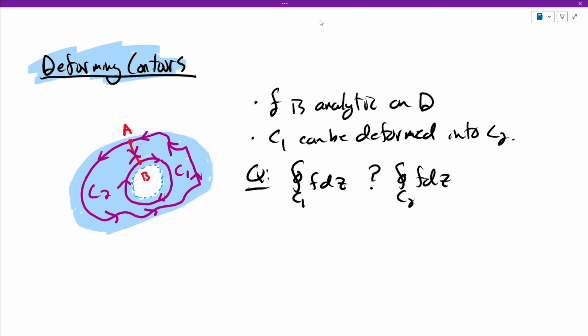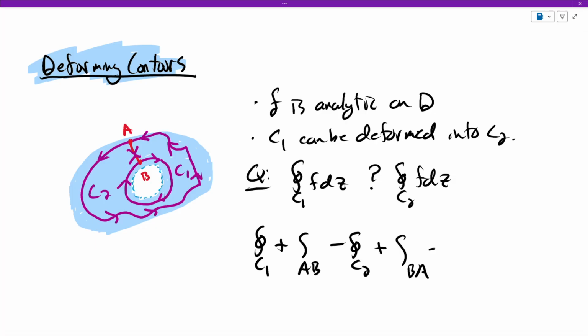what this is telling us then is that this path where we go around C1, then we go from A to B, then we go from B to A, and then we go around C2, but we go around C2 in the wrong direction, and then we go back from B to A, that's a contour integral around a simple closed contour where the region that's bounded is simply connected.